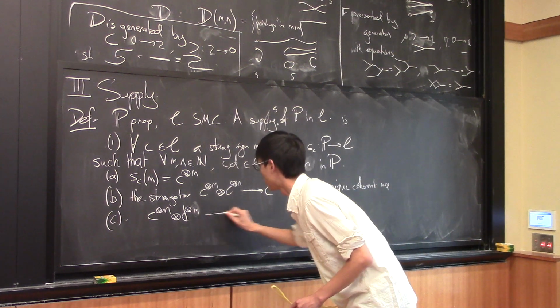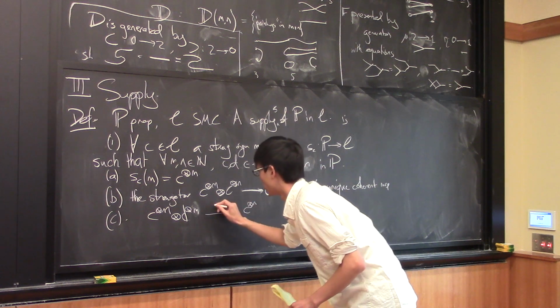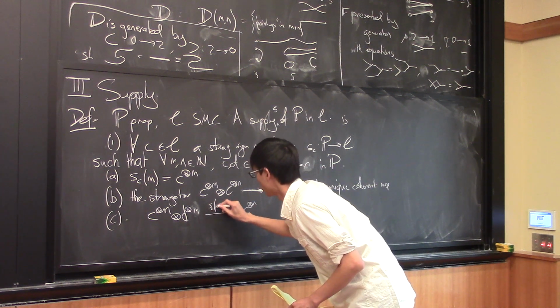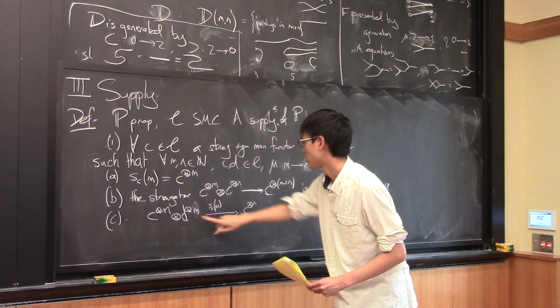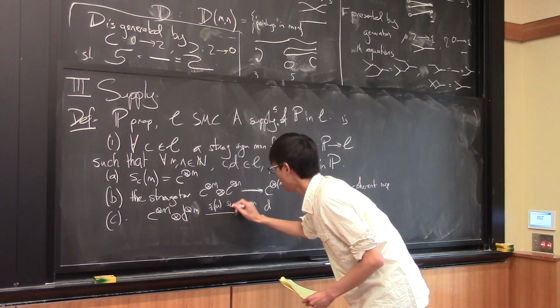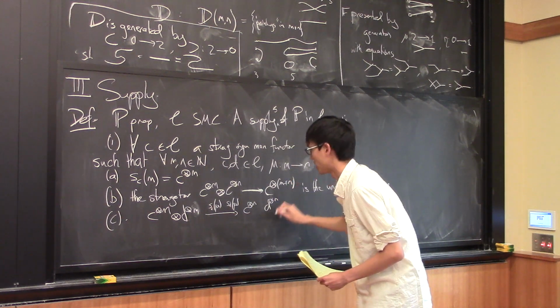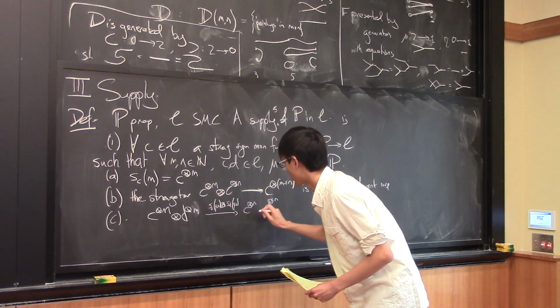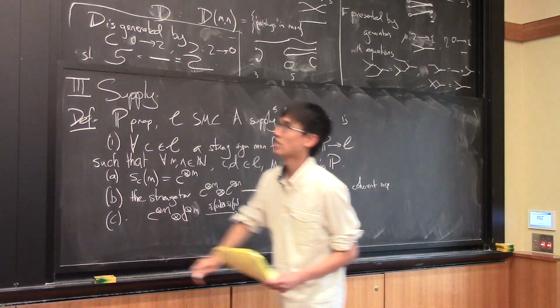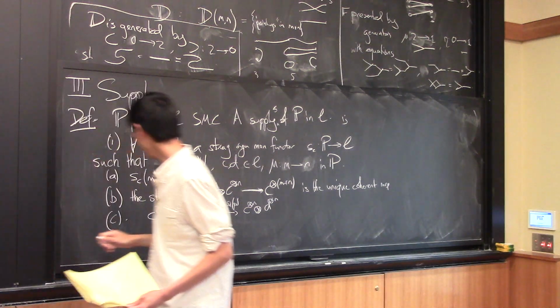So I get this map called S sub C of mu. I also get one for D, so I get a map called S sub D of mu from D to the nth tensor power to D to the nth tensor power, and here I'm just taking the tensor product of these two maps. So it's essentially this thing. I'm putting the map in parallel for two different objects.